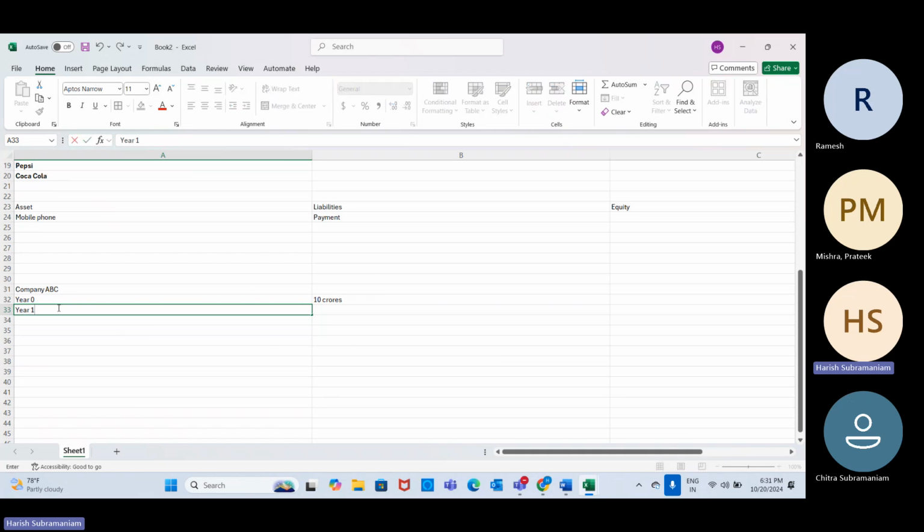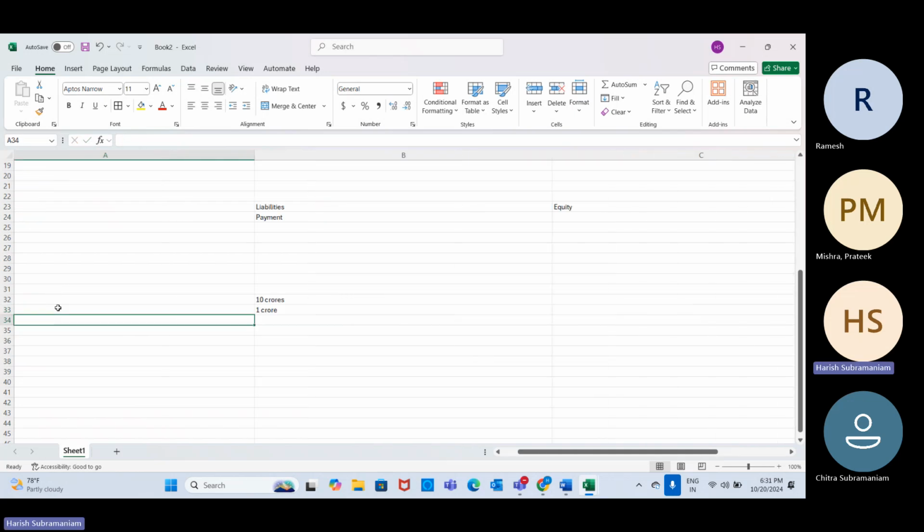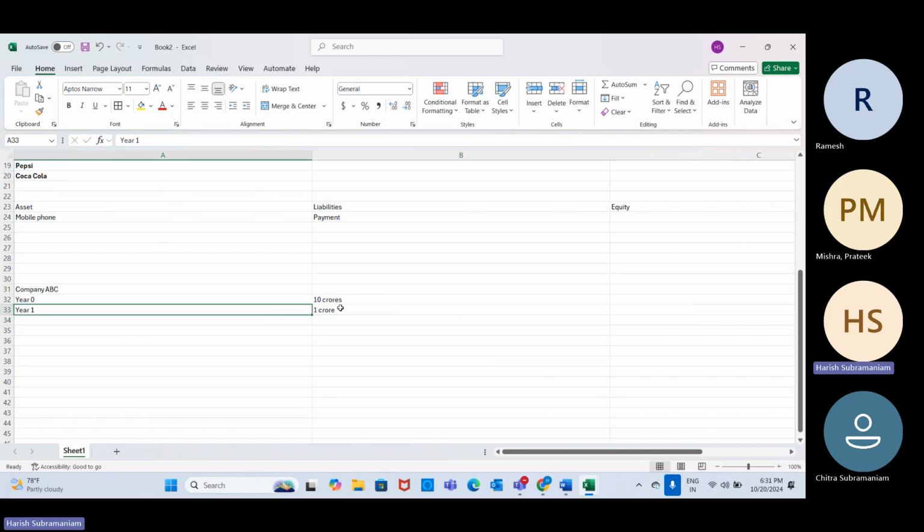Then at the end of the first year of operations, basically the company has made, let's just take, for example, a profit of 1 crore. So then the owner's equity, and this is after everything, right?